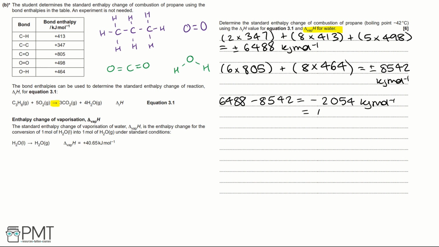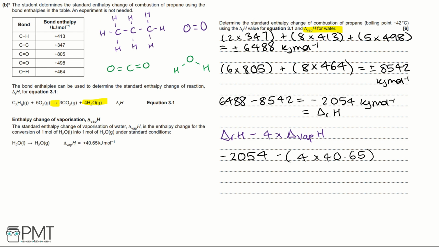But we're asked to account for the enthalpy change of vaporization for water. So this is our delta RH value, so our enthalpy change of reaction value. But accounting for the enthalpy change of vaporization, we do our enthalpy change of reaction minus 4 times the enthalpy change of vaporization for water. And that's because we have 4 waters in our reaction. So doing this, we do minus 2,054 minus 4 times 40.65.